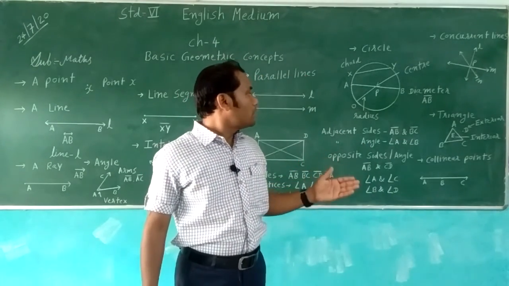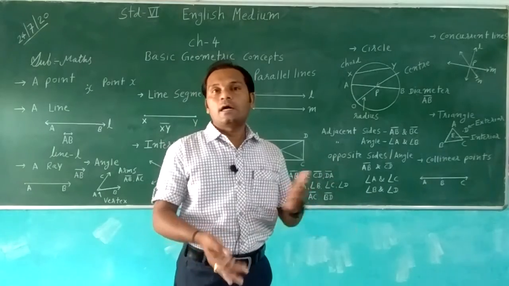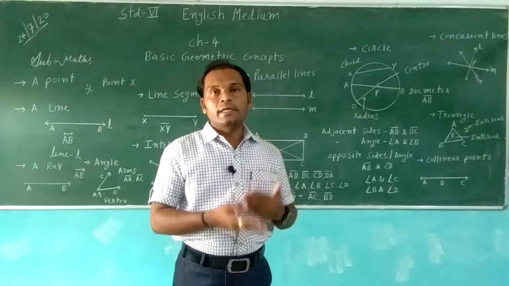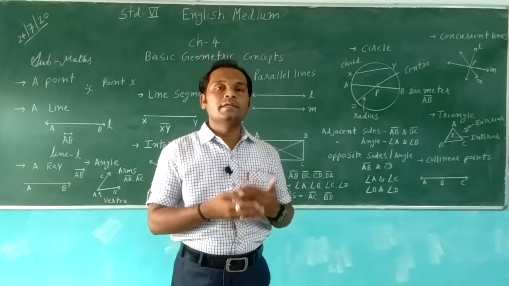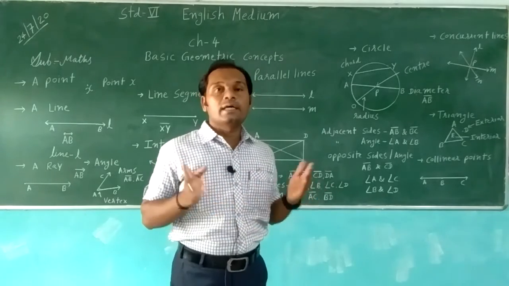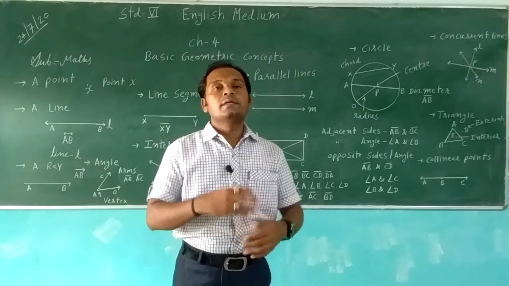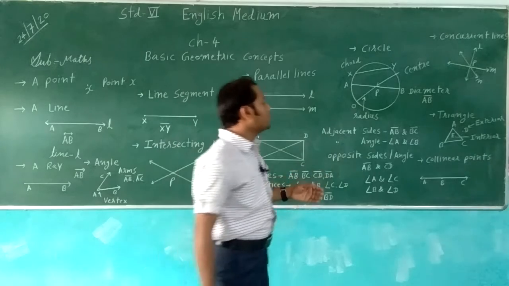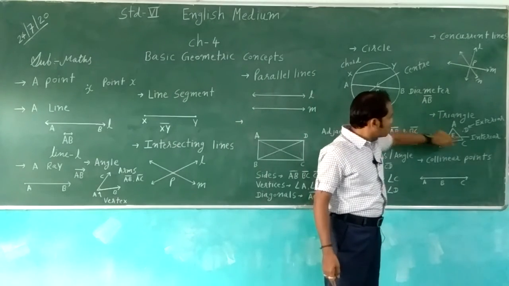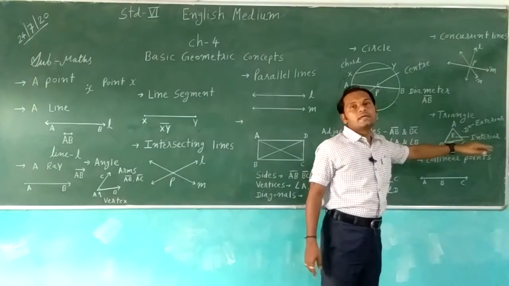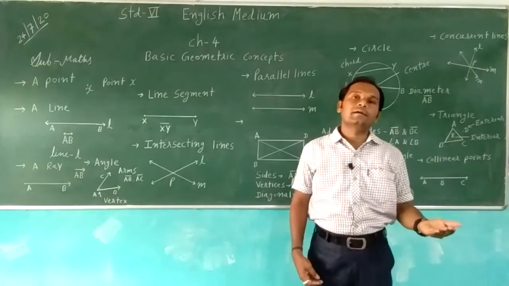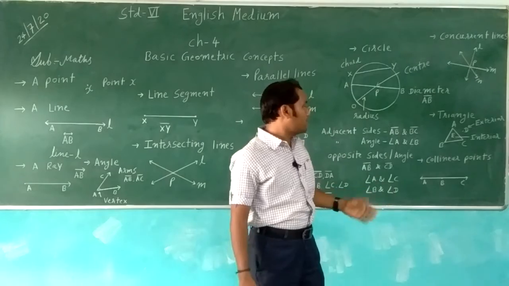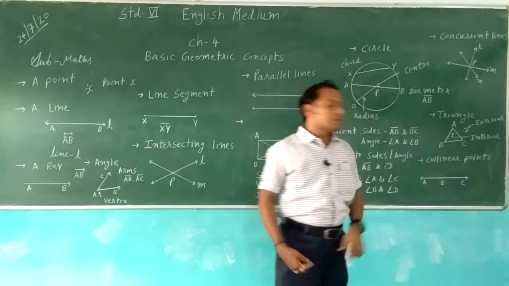In short, if any point is outside the area of a figure, it is called exterior, and if any point is inside the area of a figure, it is called interior. So here in triangle ABC, point D is the exterior of the triangle and point E is the interior of the triangle.